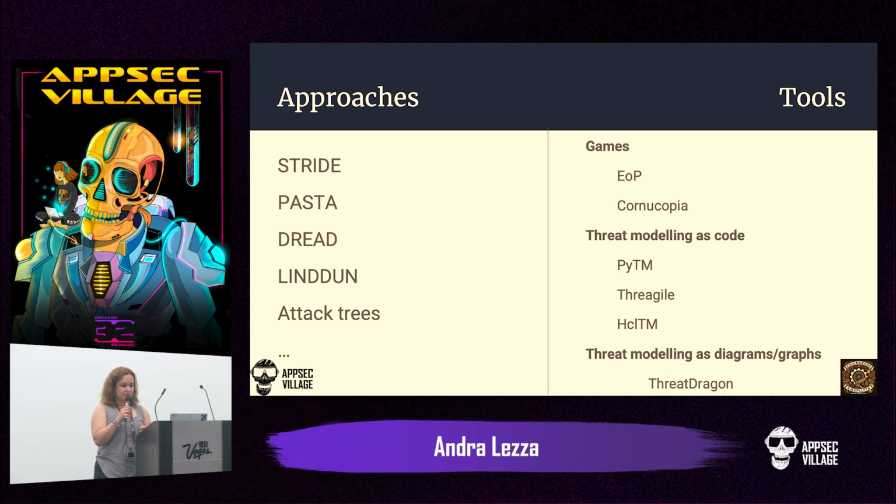You have PASTA, not food, but the process for attack simulation and threat analysis. LINDDUN, which is for identifying and mitigating privacy threats. And then when it comes to tools, you have games, threat modeling as code, which looks at Terraform, and Threat Dragon, which is another OWASP project. Something interesting here, the 2 games out now, maybe you guys know of more, are Elevation of Privilege and Cornucopia. And later we're going to talk about Cornucopia a little bit more.